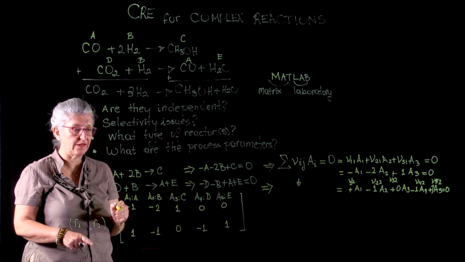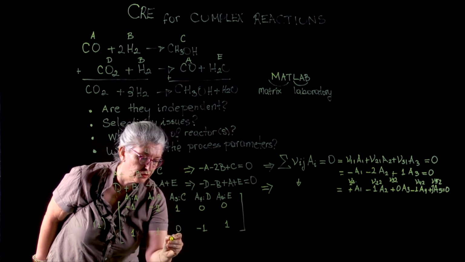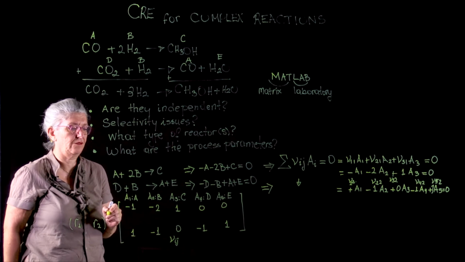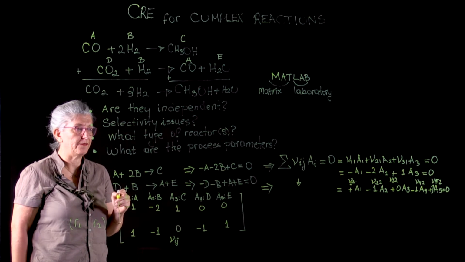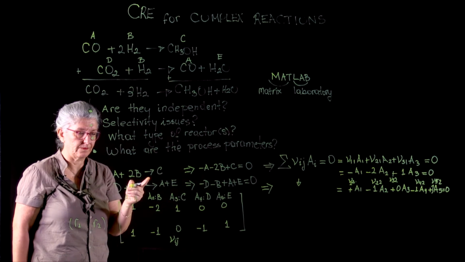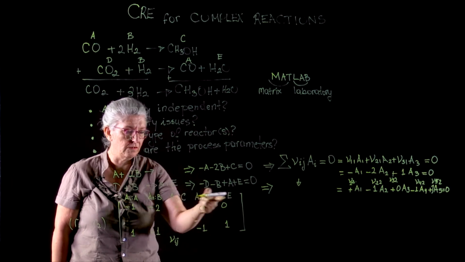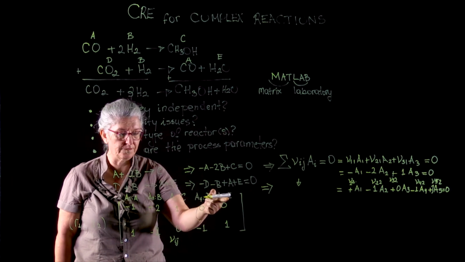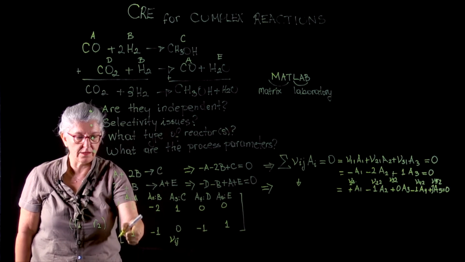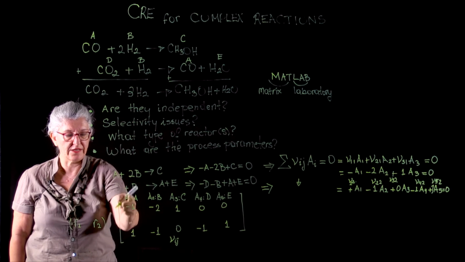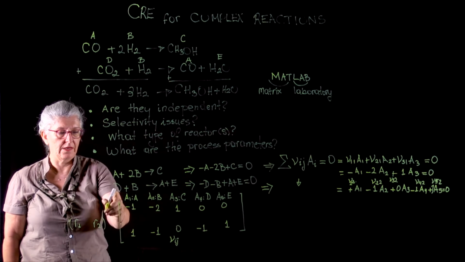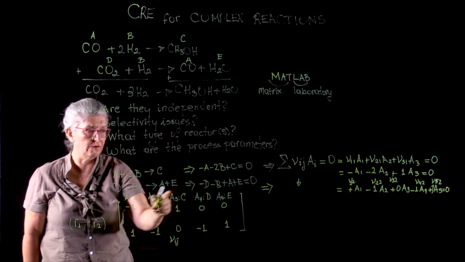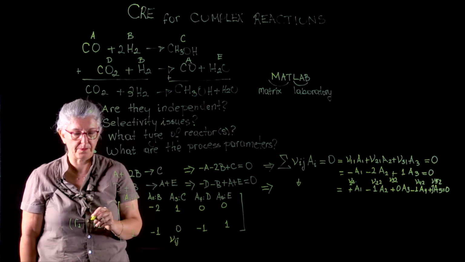So we have generated our nu ij matrix or nu ij tensor. So we have component vector. This row is the component vector, and this column is the reaction vector. Reaction 1, reaction 2, and so on and so forth.